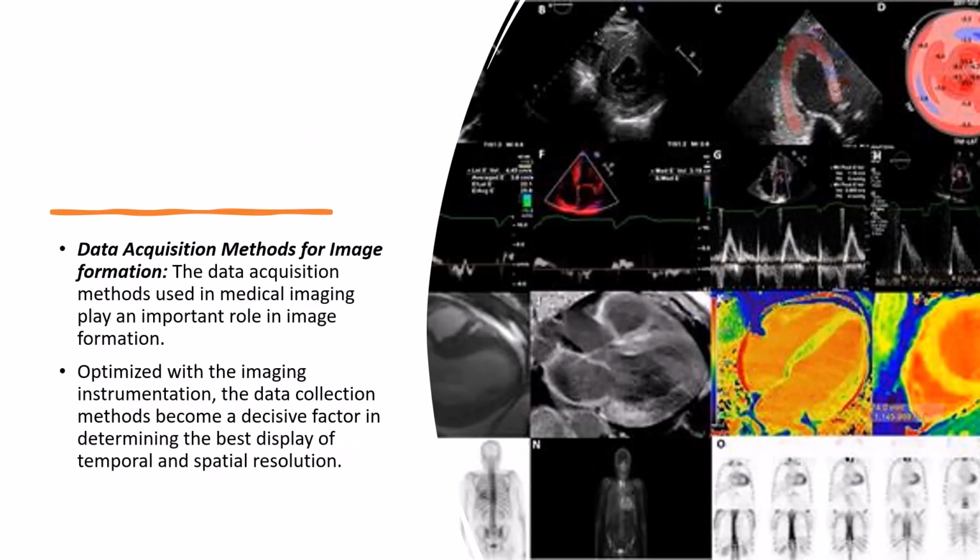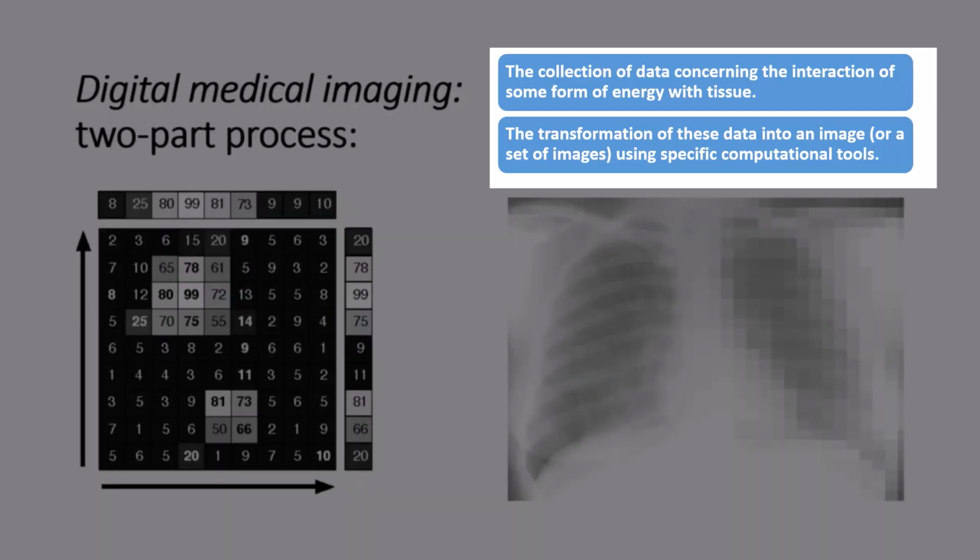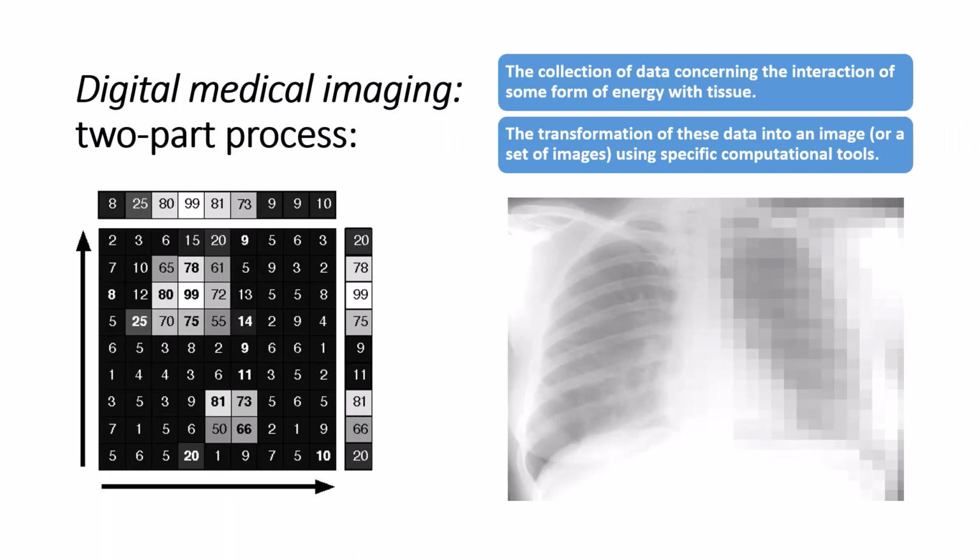The modality and the data acquisition methods used in medical imaging play an important role in image formation. Digital medical imaging is a two-part process. The first is the collection of data concerning the interaction of some form of energy with tissue. And the second is the transformation of the data created from that interaction into an image using specific computational tools.